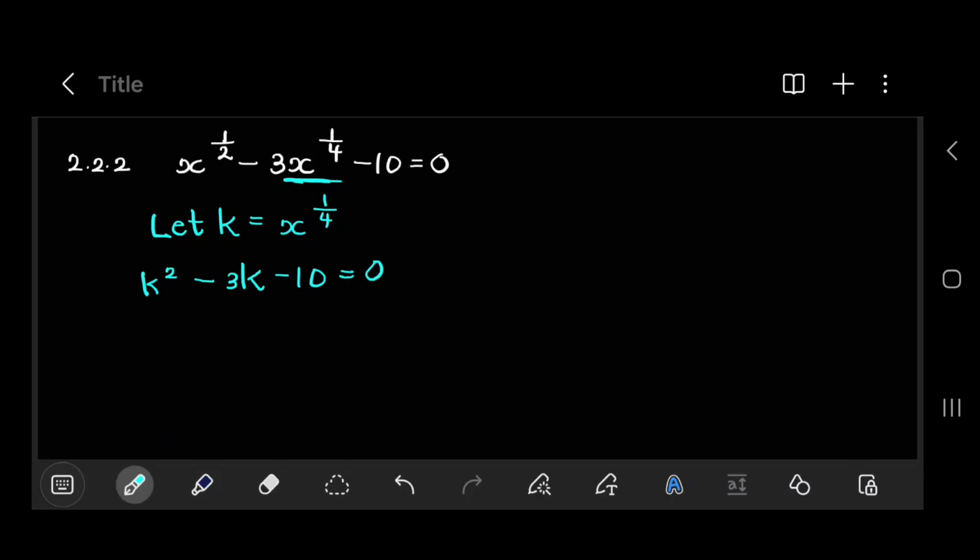Now in case you're wondering, why is it that your first term automatically becomes k squared? I'm just going to show this to you on the side so you understand where this is coming from. K squared is the same thing as k times k. Right, anything squared means that it's being multiplied by itself. Since we chose k as x to the power 1 over 4, we have x to the power 1 over 4 multiplied by itself.